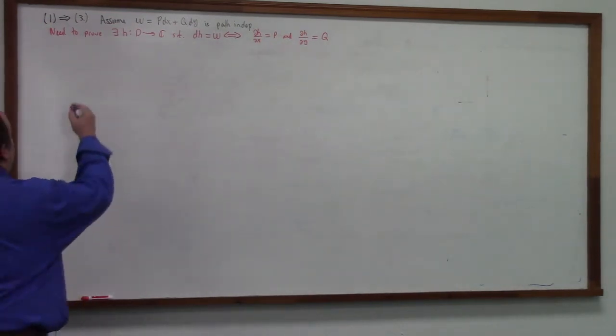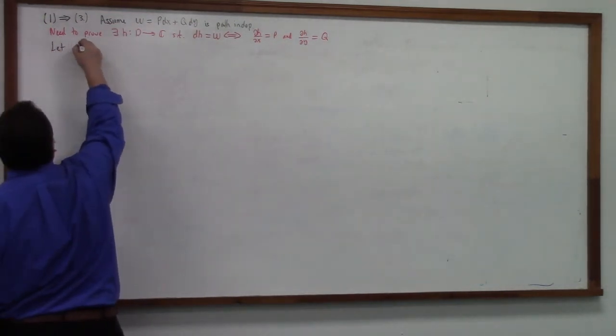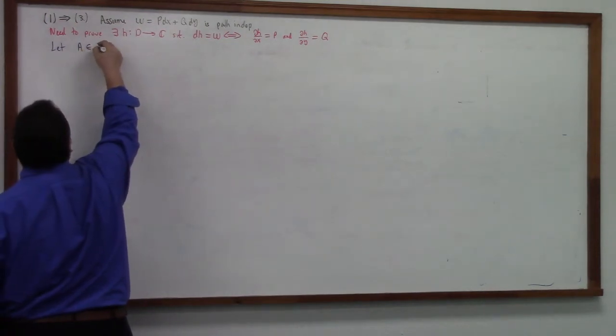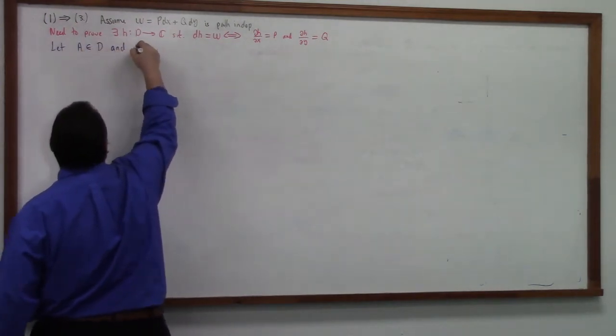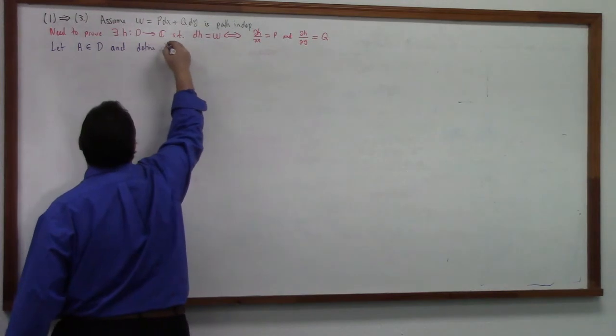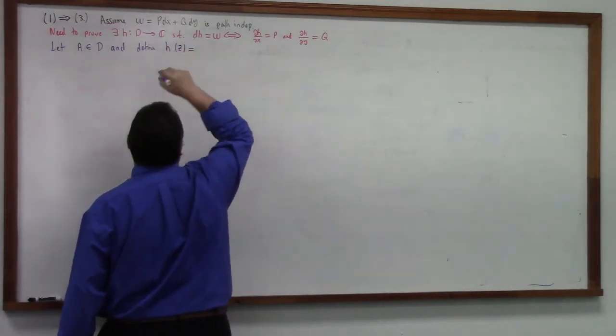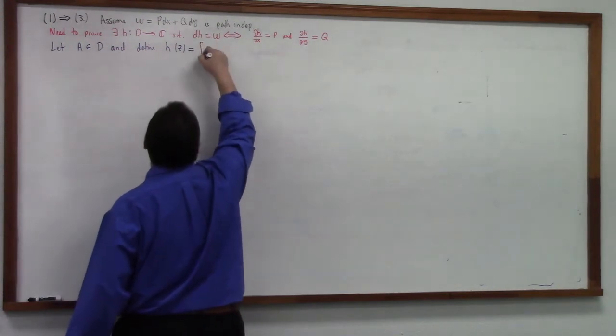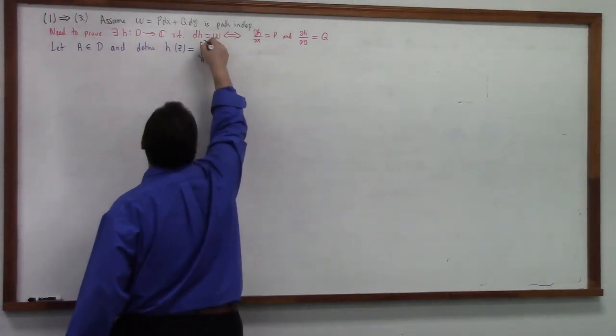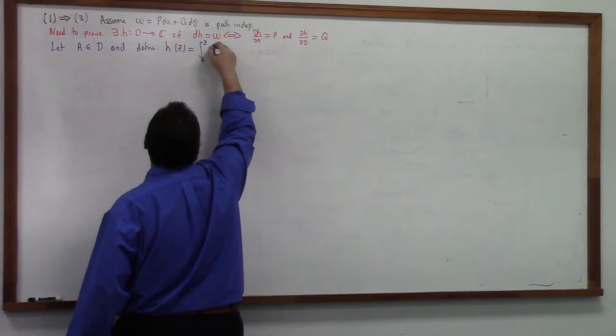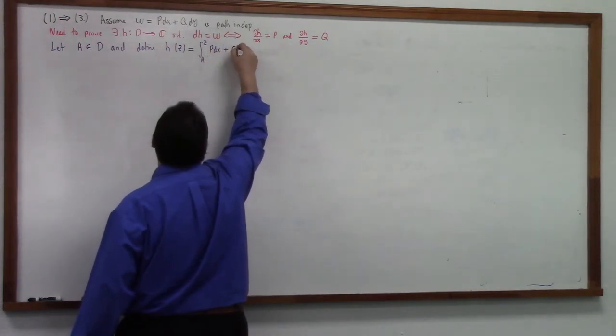So what we're going to do: let A be an element of the domain D and define h of z equal to the integral from a to z of p dx plus q dy.